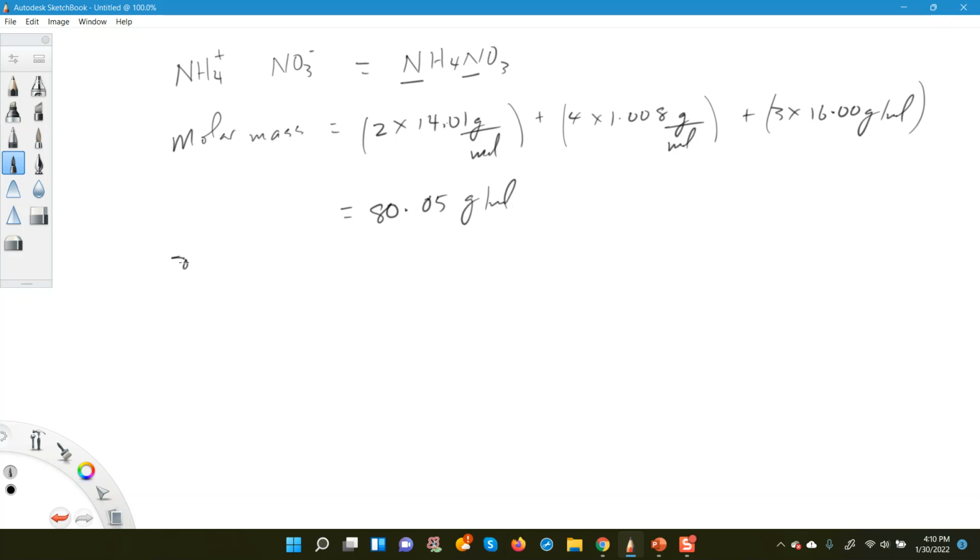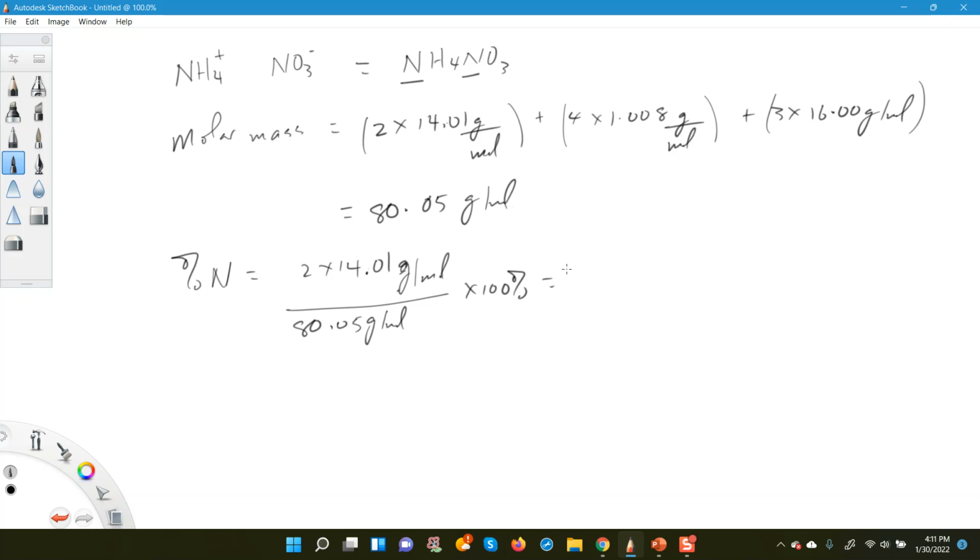So to find the percentage of nitrogen, that would be equal to 2 times 14.01 grams per mole, divided by 80.05 grams per mole, times 100%. So let's see what that gives.